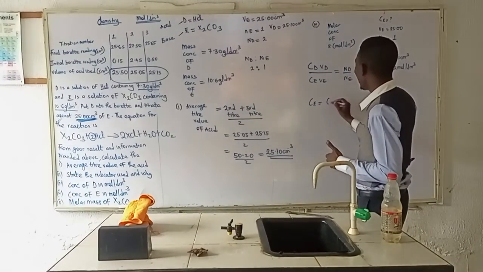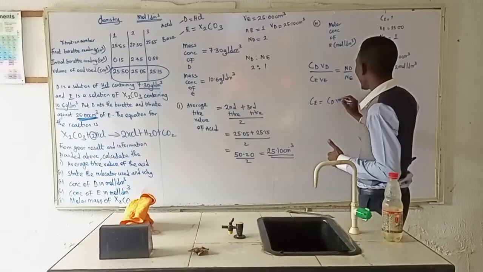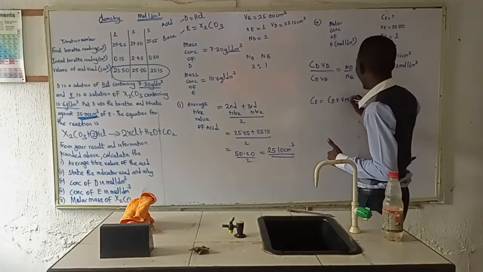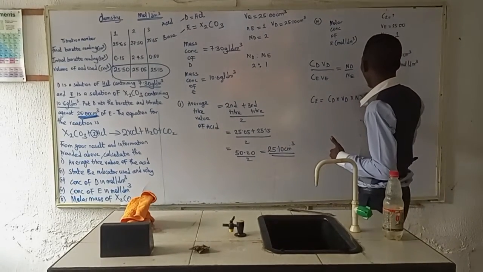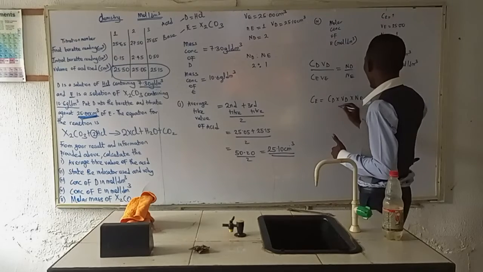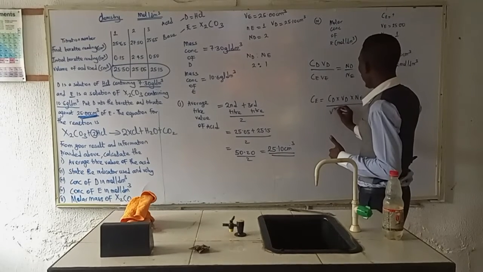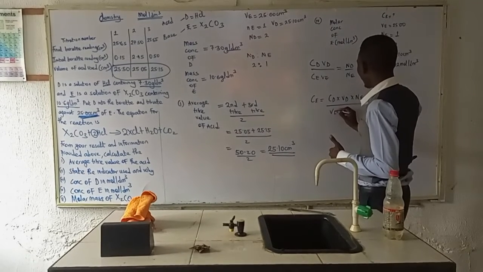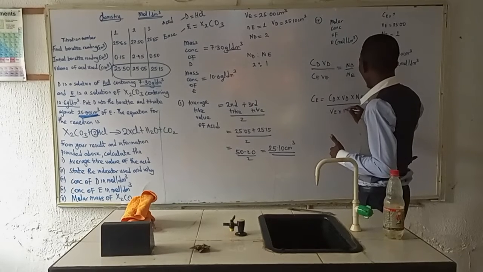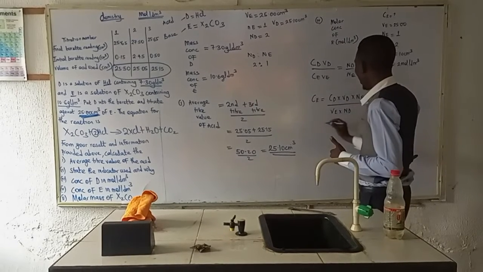It will now be CD, which is concentration of the acid, times volume of the acid, times number of moles of the base, over volume of the base times number of moles of the acid.